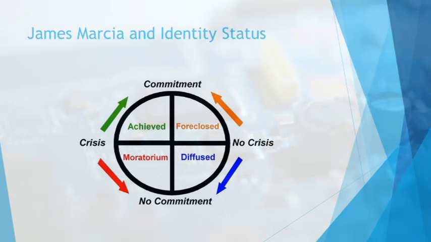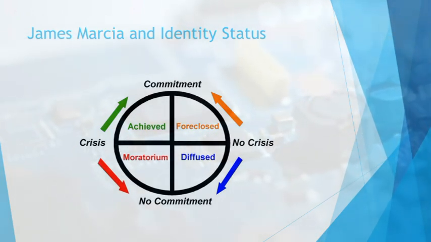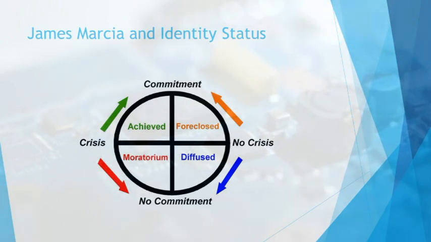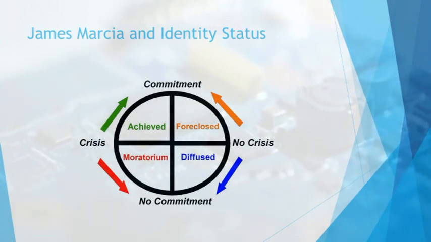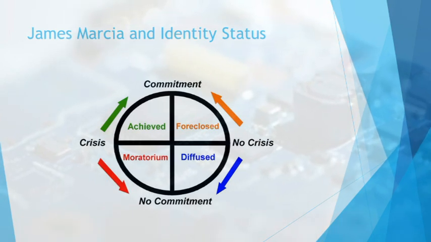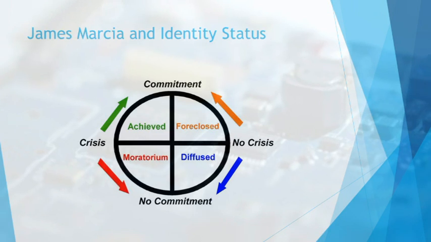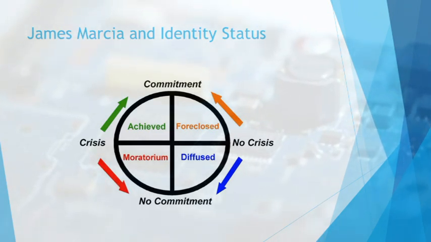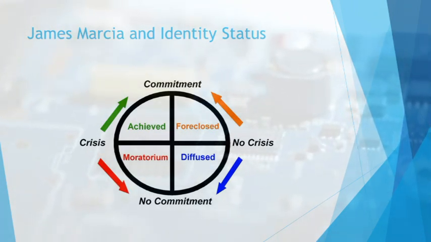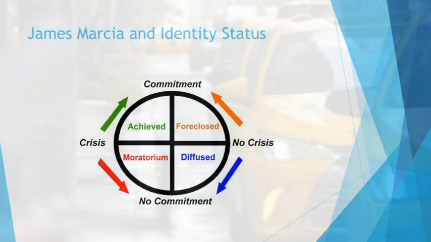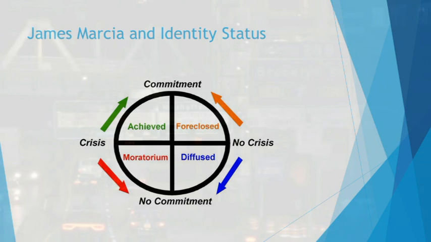So adolescents in this state of identity foreclosure appear confident and self-assured, but their sense of identity is often based upon those external influences rather than on internal exploration. They simply have decided to conform rigidly to societal or familial expectations, and they adopt predetermined roles or beliefs without questioning their validity.